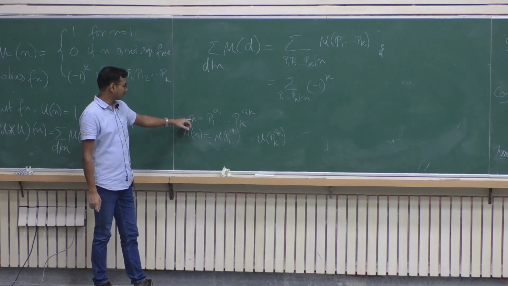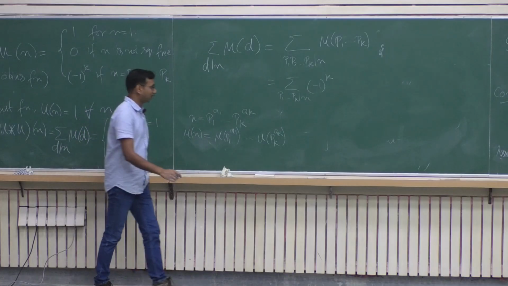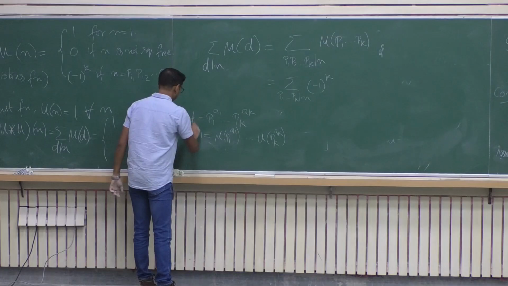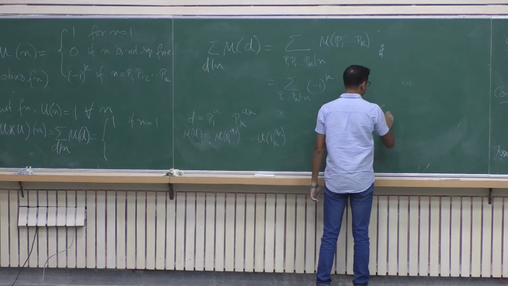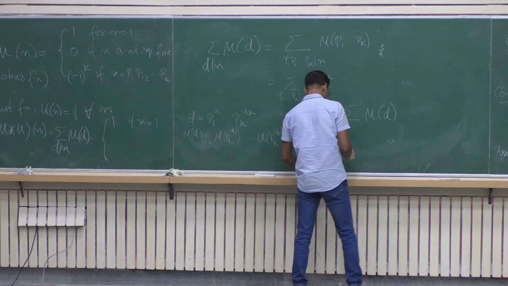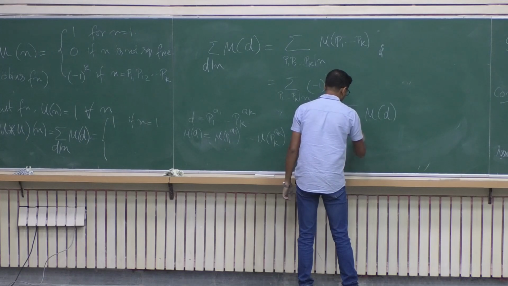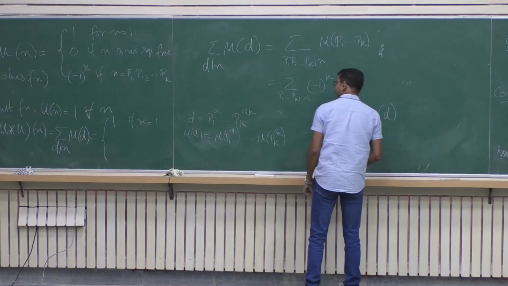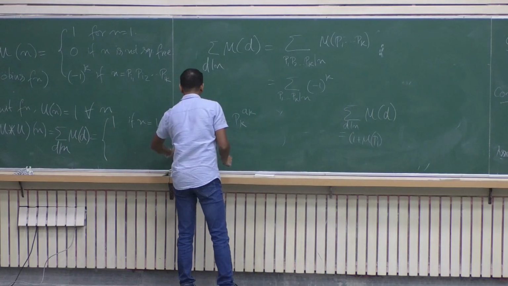And so you can do the same thing with d, right? So instead of writing d that way, you want to write this sum of mu d as follows.